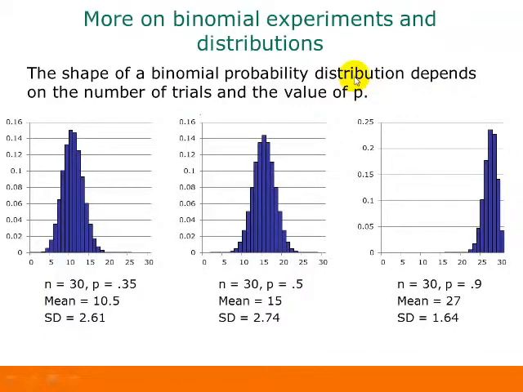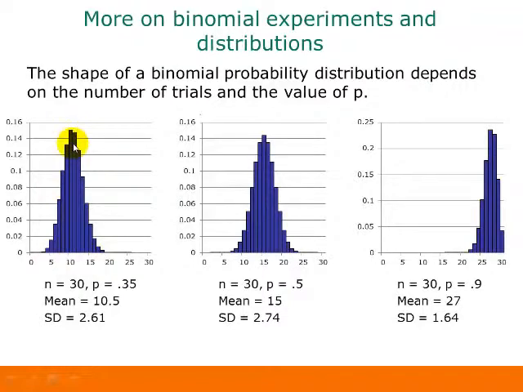If we look at probability histograms for binomial distributions, we can see that the shape of the distribution depends on the number of trials n and the value of p. So in this picture we have a binomial distribution where we have 30 trials. Our probability of success p is 0.35.